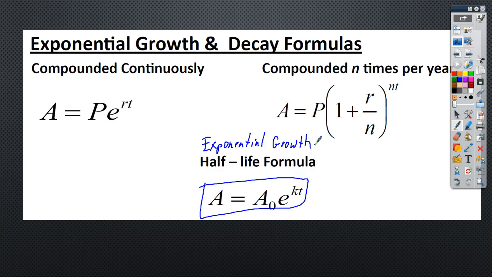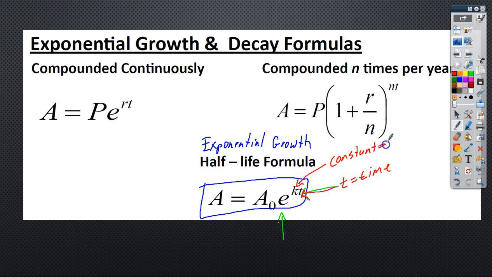All right, let's talk about what each of these are. E is just e. Okay, t, let's go over here and use a different color so you can see this better. T is usually time. Okay, here's the kicker. K is a constant.